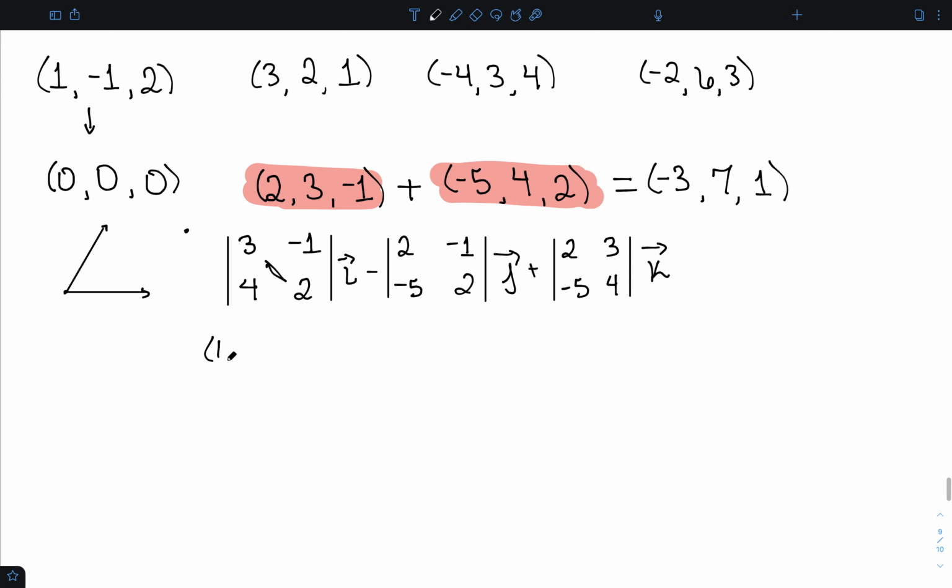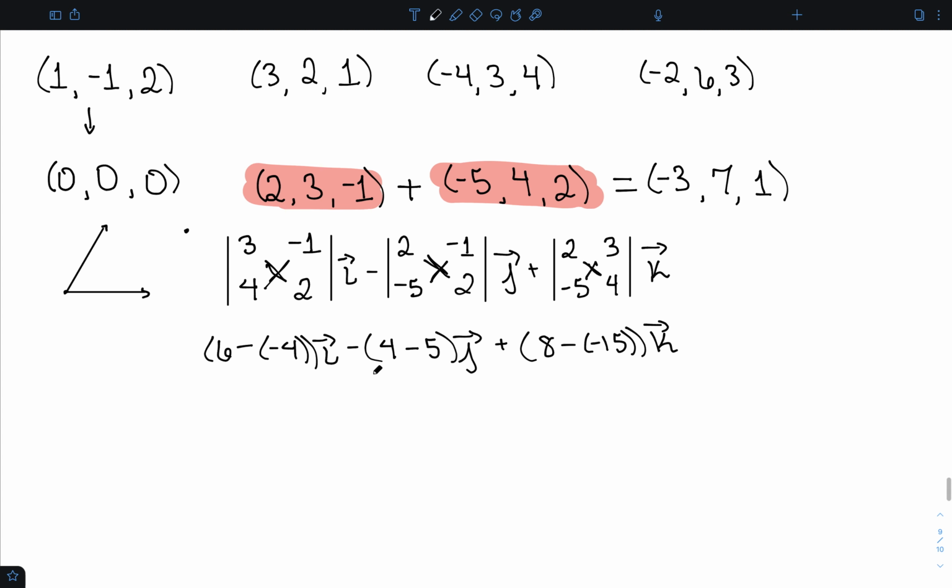This would be 6 minus -4, i, minus 4 minus 5, j, plus 8 minus -15, k. If we simplify this, we get 10i plus j plus 23k.